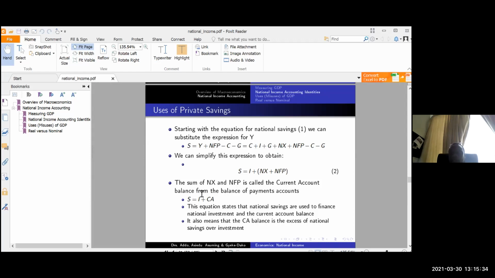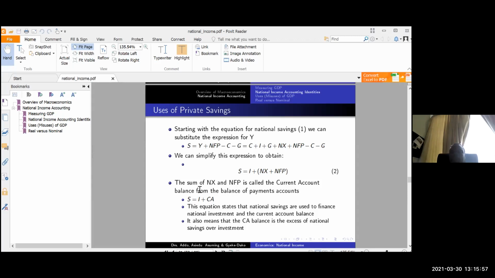That's why when you look at some countries' current account sheets, it's negative. They have deficits on the current account side. It means that if you look at net exports, negative, and net factor payment from abroad, also negative, so the sum of it is negative.